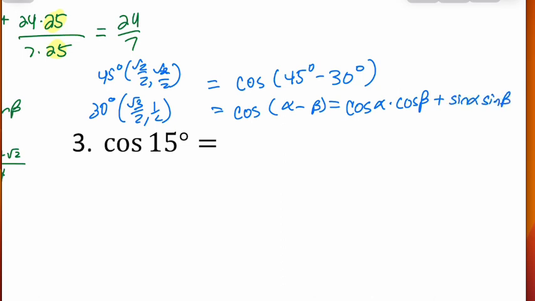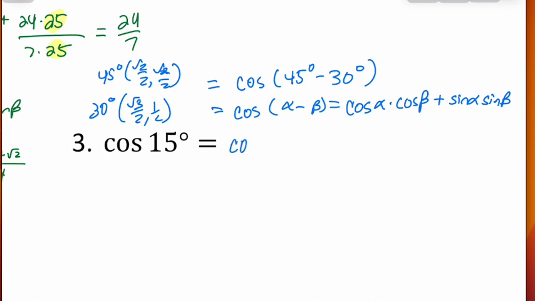So if you look up on the board, the yellow sign in the cosine that starts out as a minus, when you use it in the actual formula, it switches and becomes a plus. Okay, so now let's go ahead and put that in. So if we plop in our alphas and betas, this is going to be our alpha, this is going to be our beta.